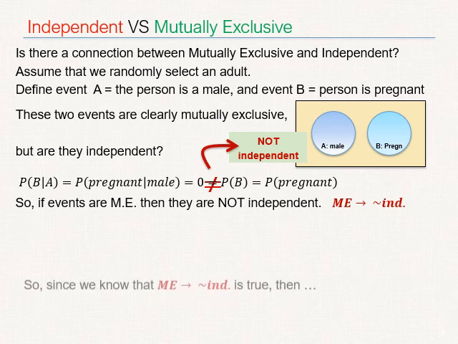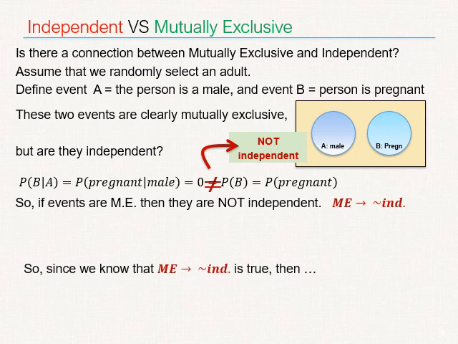Okay, so if that's true, from that little mini lesson we just did on contrapositive, if this is the conditional, mutually exclusive gives us not independence, what would be the contrapositive of that? We reverse the order of the two and negate both of them.